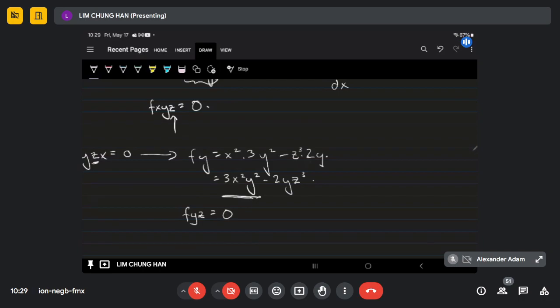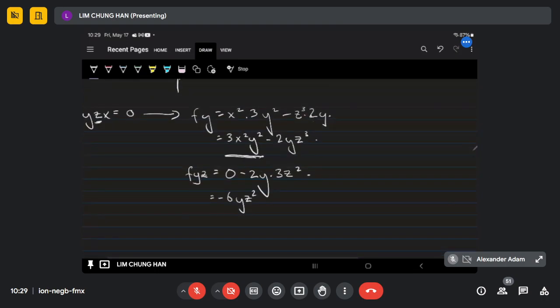Correct. Minus 2 is a constant, y also a constant. We are differentiating the z only. When we differentiate z cubed, what do you get? 3z squared. So the answer is negative 6yz squared.